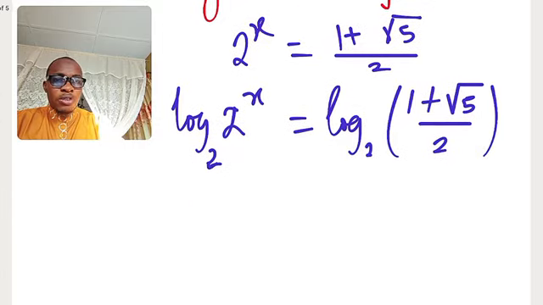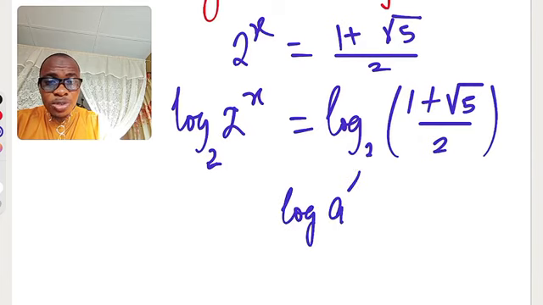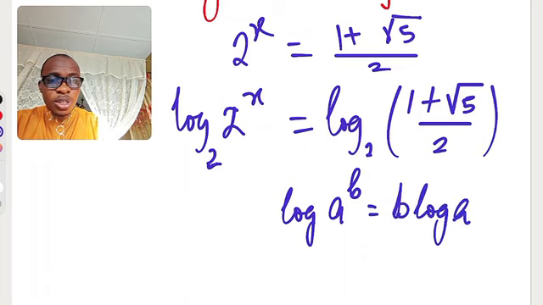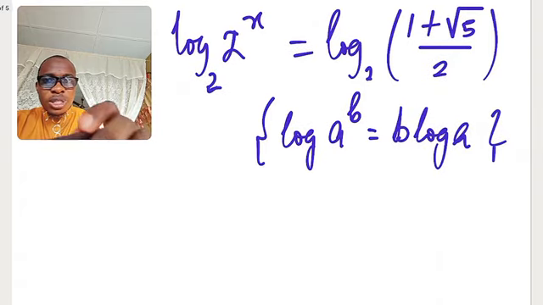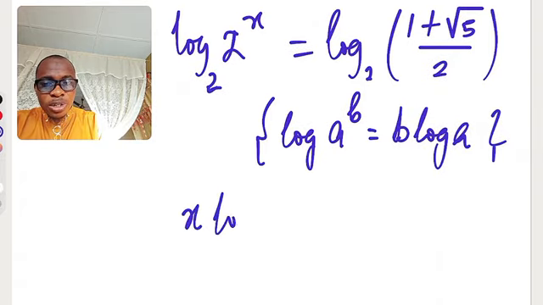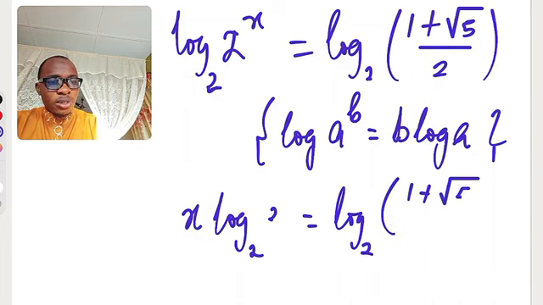Now you see that the x will come down, because from the log of a to the power of b, b comes down, and you have b log a. So that's what we use on the left hand side. x will come down, and we have x log base 2 of 2 equals log base 2 of (1 plus root 5) divided by 2.